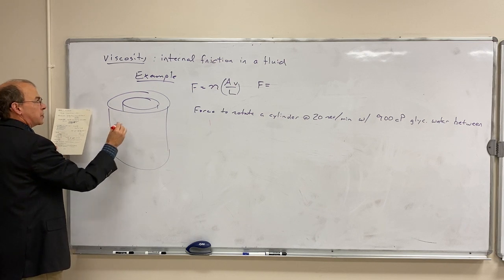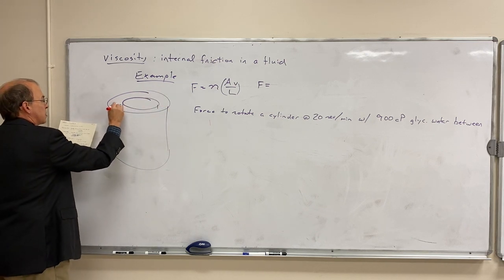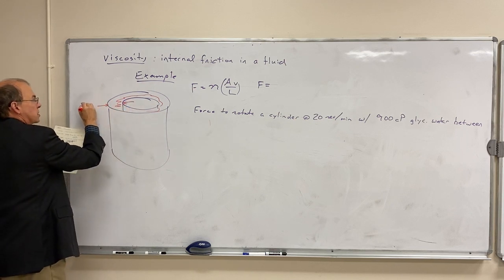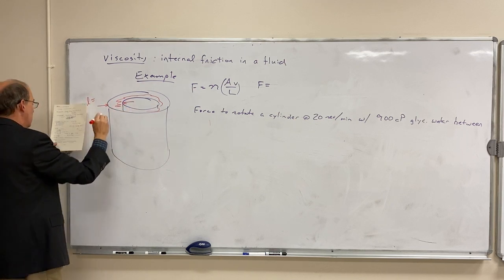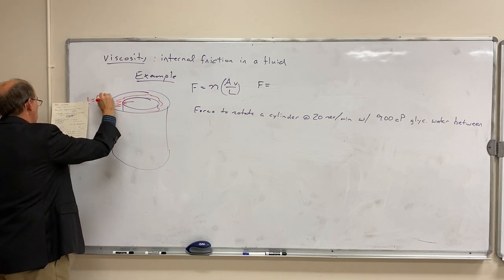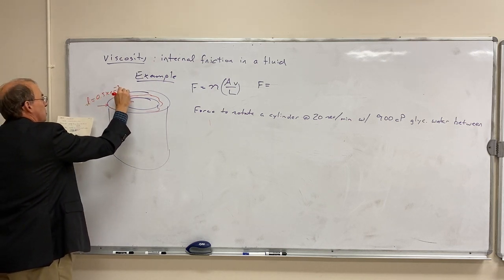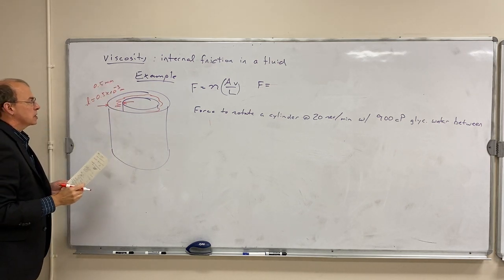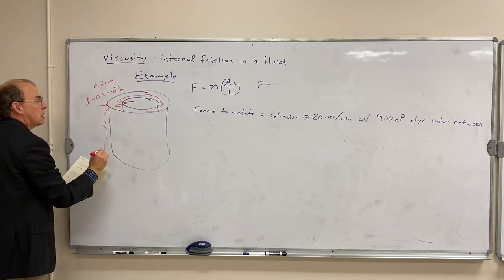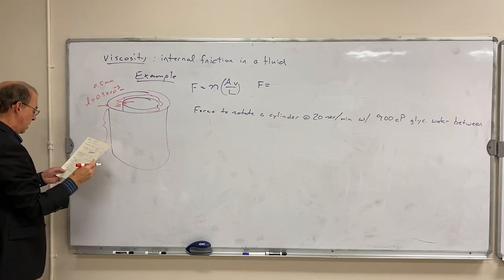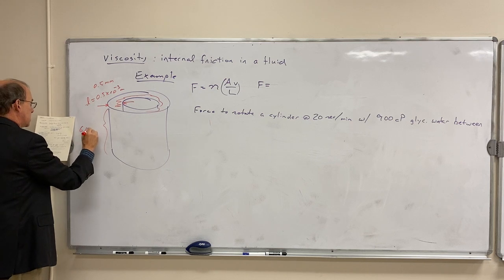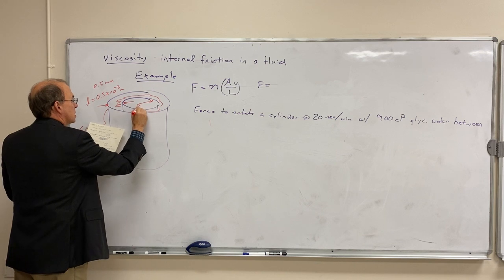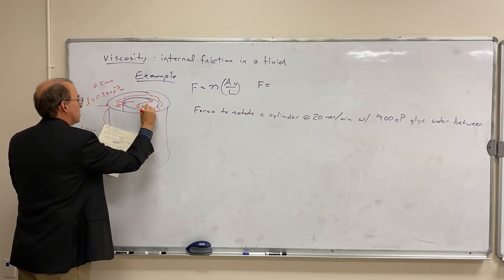Let me give you our geometry here to match this equation. So the glycerol water is in here. Our L is here. I called it little l earlier. We're going to let this be 0.5 times 10 to the minus 3 meters. That's half a millimeter, so these cylinders are really close together. I'm letting this be 6 centimeters, letting this radius be 3 centimeters.